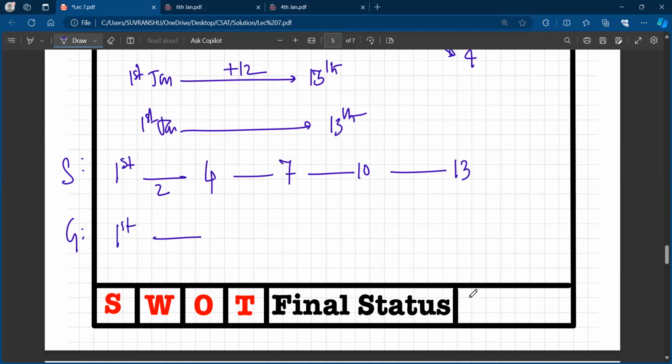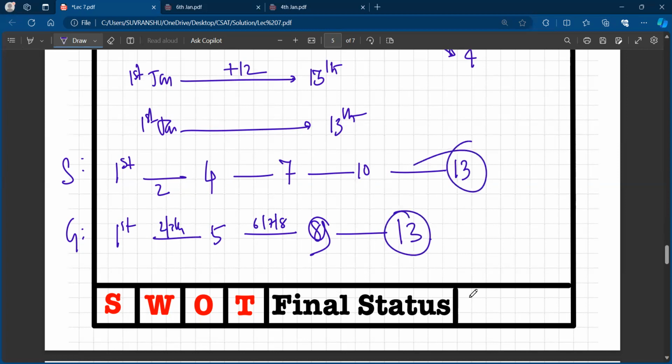First, 3 days ka gap, 5th. 3 days ka gap, 8. 3 days ka gap, just a minute. 2, 3, 4, 5, 6, 7, 8. This will be 9. Okay. This will be again 13. So they match on the same day. Got it? So your answer will be 13.